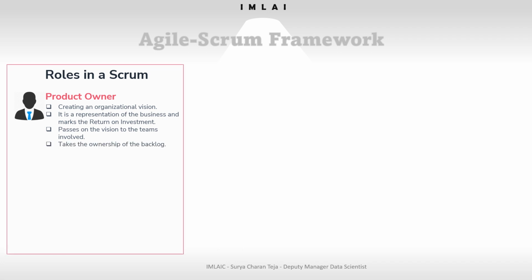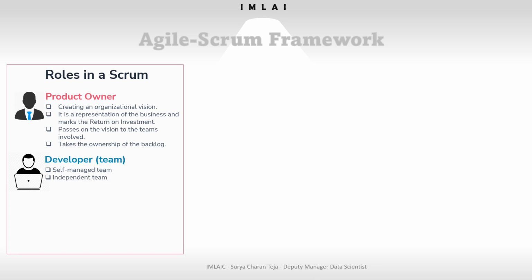So the second one that we have is the developer, the team for development. Here this team works in a completely different way compared to any other methodology that you have seen or I have seen. It consists of a self-managed team. The team is self-managed, which means decisions on the work front are taken mutually and independently.